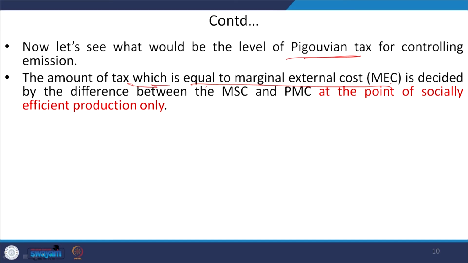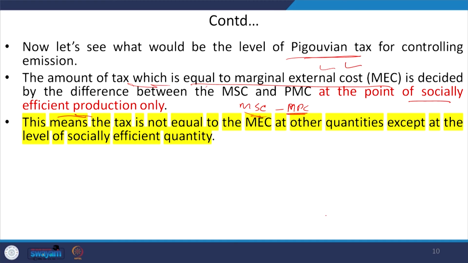And this marginal external cost is determined by the difference between marginal social cost and marginal private cost, right, at the point of socially efficient production. So, what is the socially efficient production that we have discussed? It is the Q star in the last graph that we have discussed. Okay. And there we are finding what is the marginal external cost.